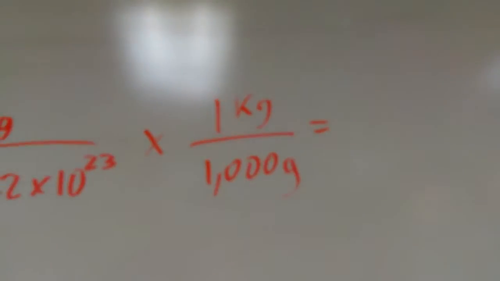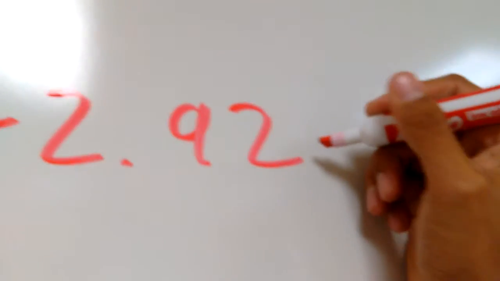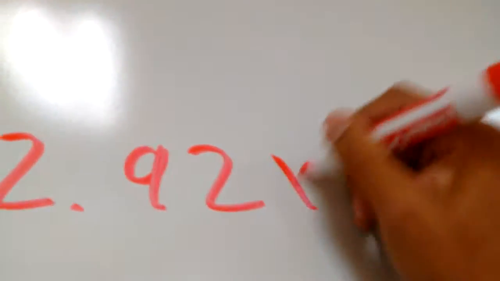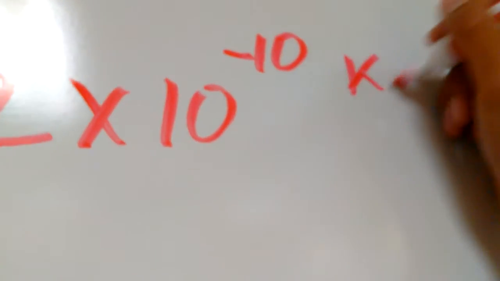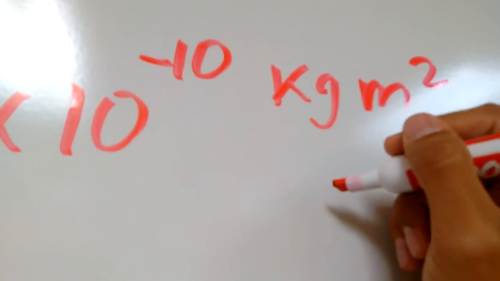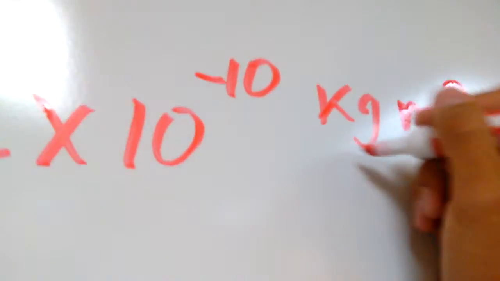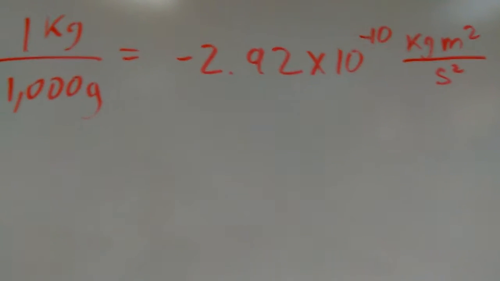And when you do that, you should get negative 2.92 times 10 to the negative 10 kilograms meters squared all over s squared.